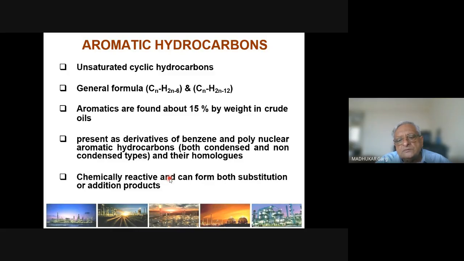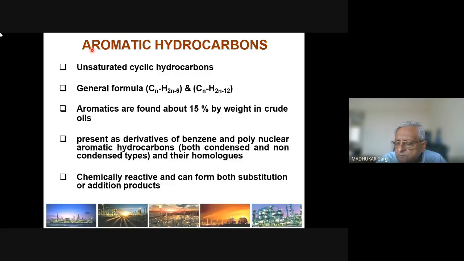So it's very important to know what kind of aromatics are present in crude oil, because it can be bad news or good news, particularly if you want to make aromatics out of crude oil. These are unsaturated cyclic hydrocarbons, as you know, with the general formula CnH2n minus 6. Depending upon the crude oil, the aromatic content can vary from 8 to 10% to even 16%.